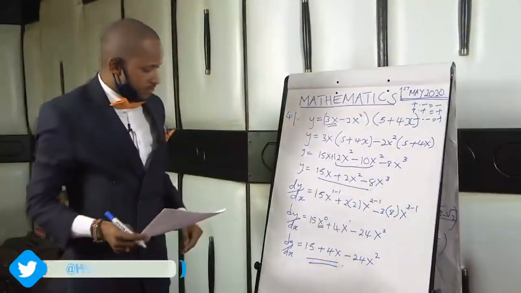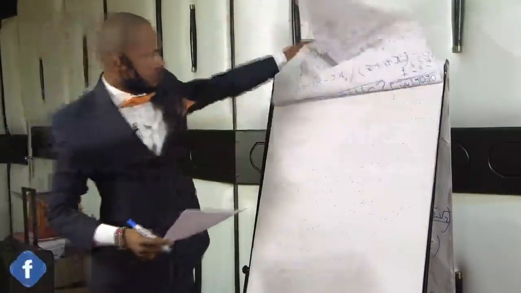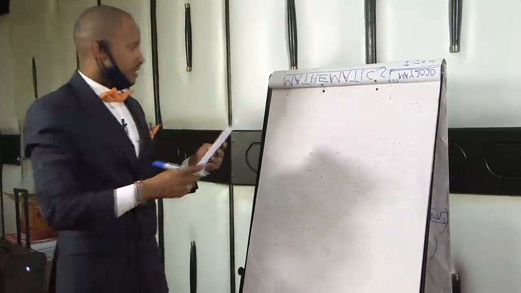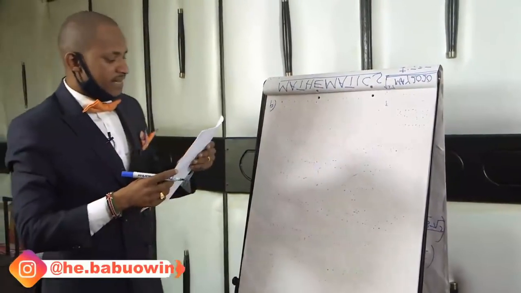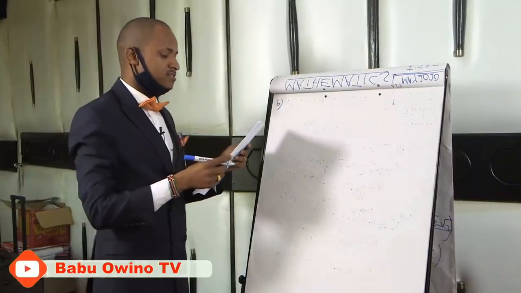Proceeding to part B of the question. Part B of the question is: a diver leaps from a diving board 32 meters above the surface of a swimming pool.